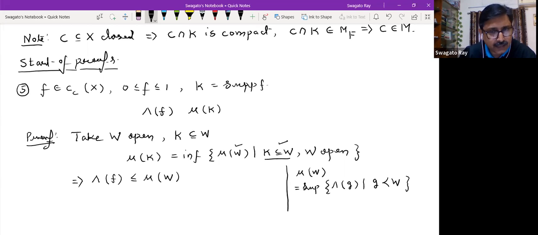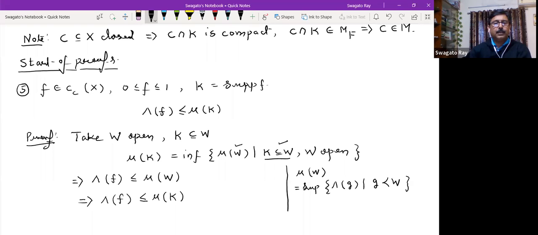It is the greatest of all such lower bounds. So this implies λf is less than or equal to μK. So the sign here is less than or equal to. If it is not clear, then I can explain again. We have to understand this because this is so fundamental.